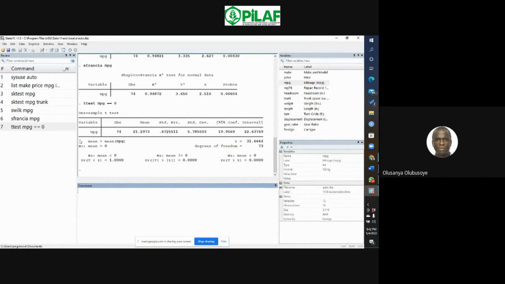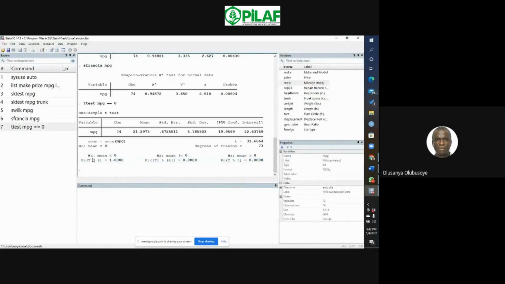The way I put it, this is the test, which means I'm testing H naught, whether the mean is 0, which means not significant. So this is the computed T value, and this is the degree of freedom, which is 74 less 1. And these are 3 possible alternatives that you can choose from.